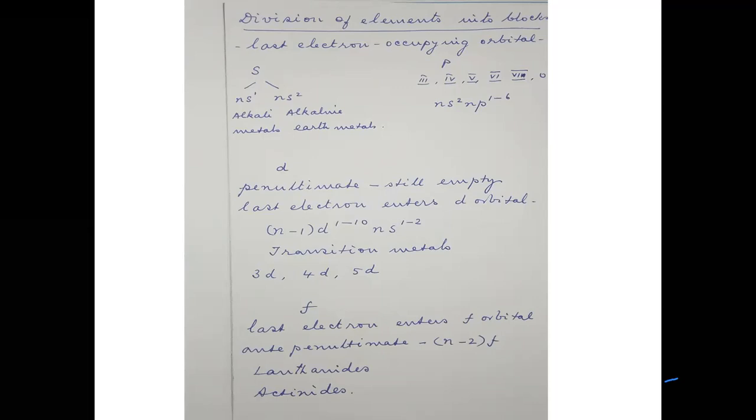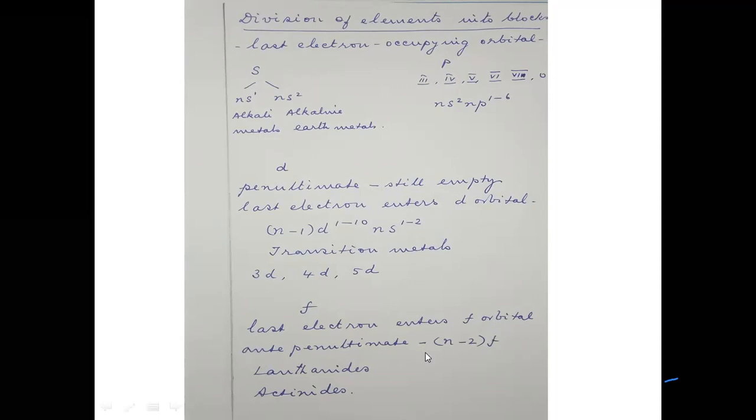Now, the f block comes. Even before the d orbital is getting filled, the f orbital is getting filled, which is in the antepenultimate shell. So the penultimate shell is before the outermost shell. The antepenultimate shell is even before the penultimate shell itself. Therefore, the f orbital is found even before the d orbital.